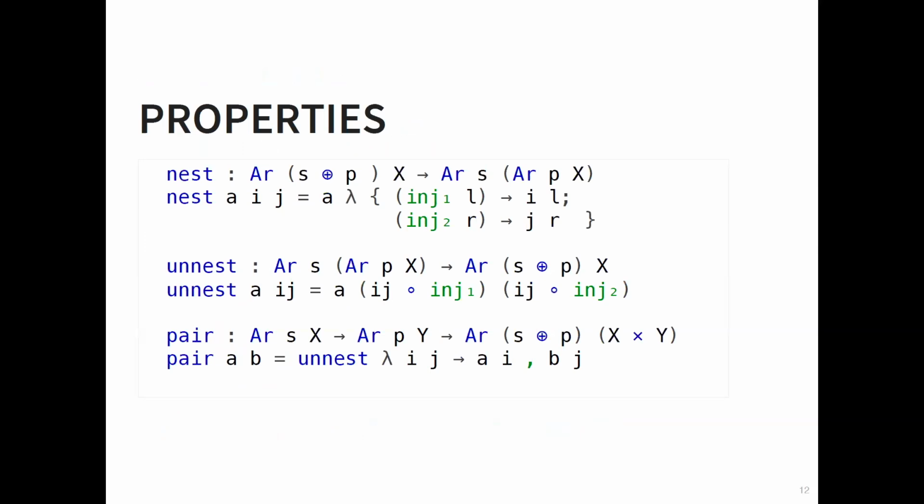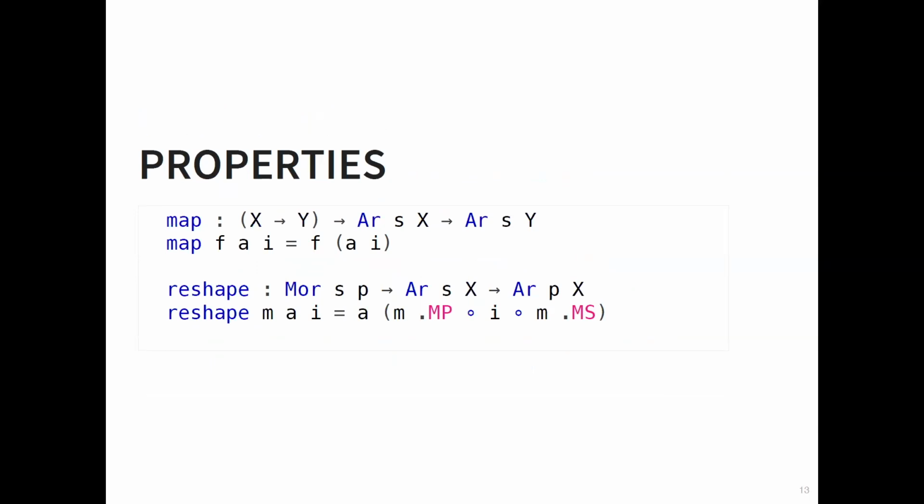So you can move between the shape S plus P and the nested array S of array S of arrays of P's, and backwards. You can have some kind of Cartesian product or generalized Kronecker product, if you take each with each. And then, importantly, we have two kinds of maps.